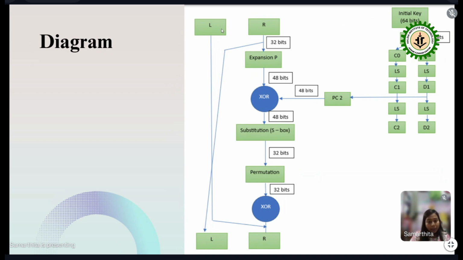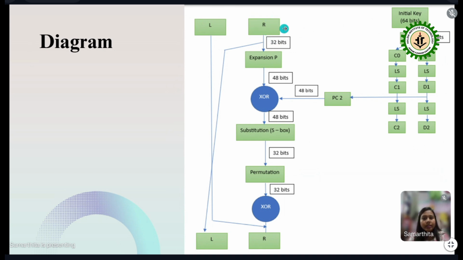After entering round 1, I have divided the 64 bits into two equal parts, 32 and 32 bits. So the left plain text consists of 32 bits, and the right plain text also consists of 32 bits. Here I am choosing the right plain text to operate on.